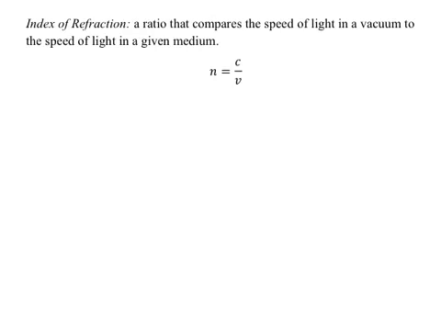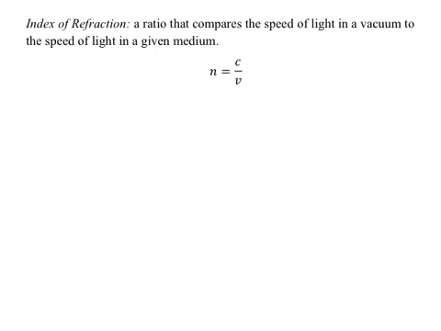No. c is the maximum allowable velocity, the speed of light. So v has to be something less than that. If you have a big number, like 7, and anything smaller than the numerator is in the denominator, it's going to make the fraction greater than 1. 7 over 2 is 3.5. 7 over 3, 7 over 4. Anything where you have a larger number over a smaller number is going to have to be greater than 1. So the index of refraction must be greater than or equal to 1, no matter what.